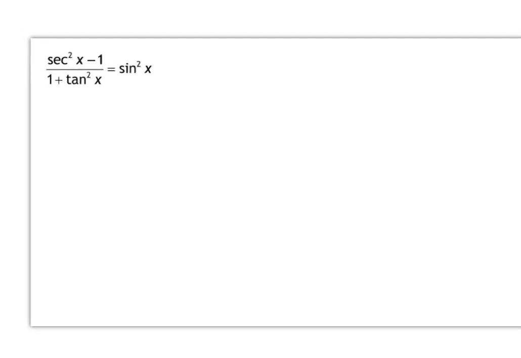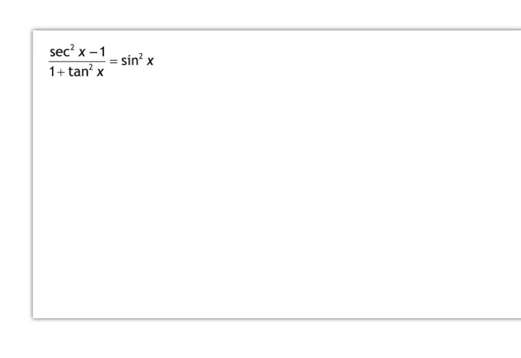All right, so looking at this one, and this is the last of these ones that we're going to look at, I'm going to pay attention to what I had for my Pythagorean identities for tangent and cotangent.